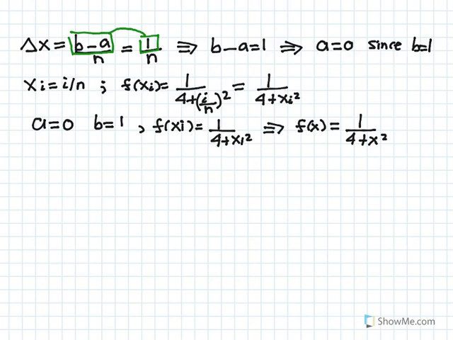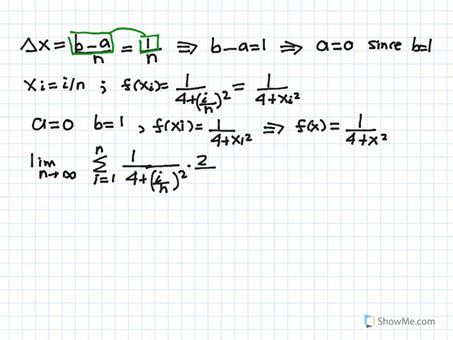Now let's factor out 2 from the Riemann sum. So we have limit n goes to infinity, i goes from 1 to n, 1 over (4 plus i over n) all squared times 2 over n.